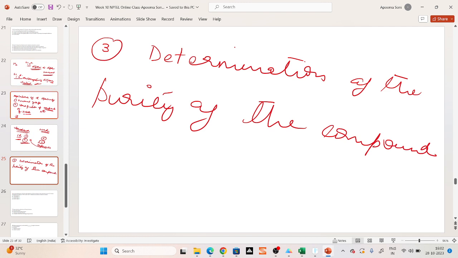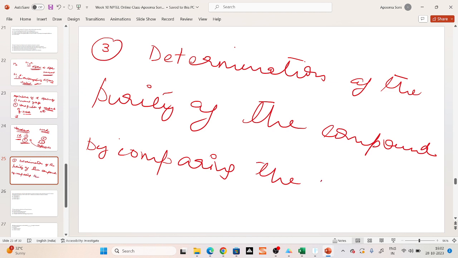And how can you determine it? By comparing the infrared spectrum. Is it clear? Okay, just a minute.